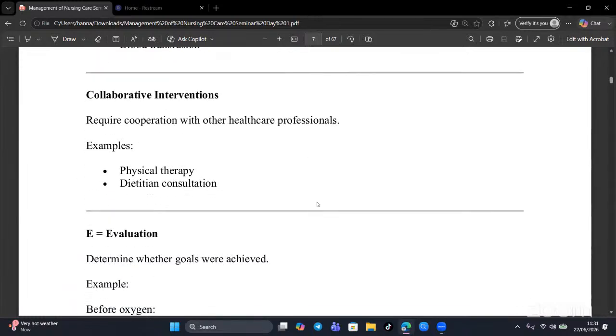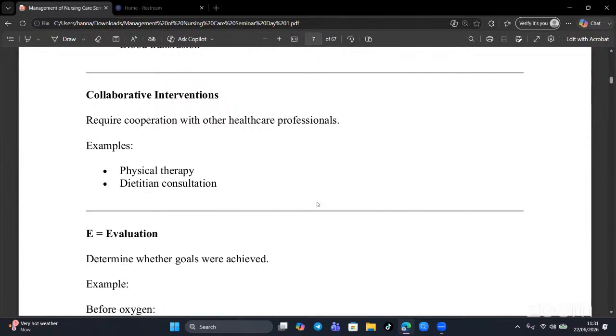Okay, then we have collaborative interventions. It requires cooperation with other healthcare professionals. Okay, so the patient cannot swallow. We are trying to give the patient food, but he or she cannot swallow. Okay, let's go and call the dietitian to come and assess the swallowing ability of this patient.